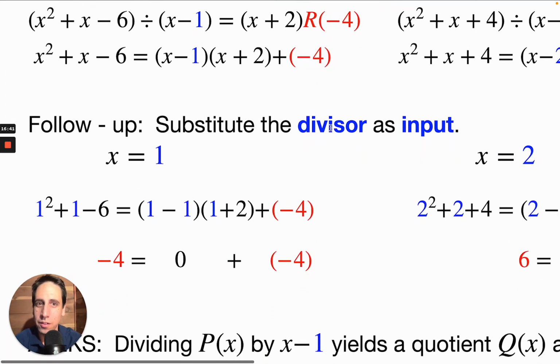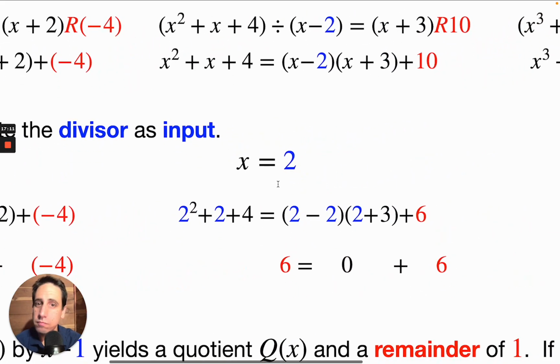If the divisor is equal to the input, so 1, let's substitute 1 in here, we get 1 minus 1 is 0. And so then, therefore, we have the red remainder over here, and the red output over here of the function. And lo and behold, this middle term cancels out; it turns into 0. So therefore, the output is equal to the remainder.